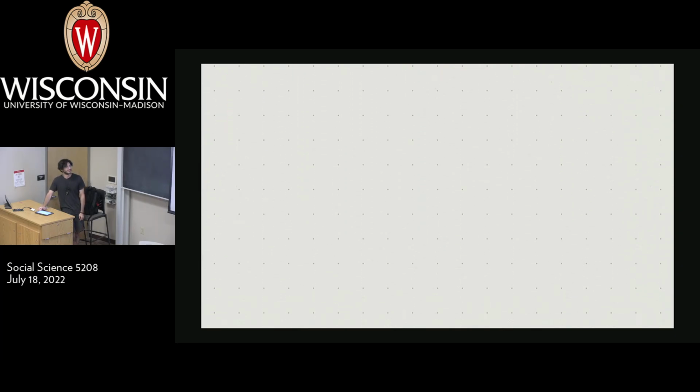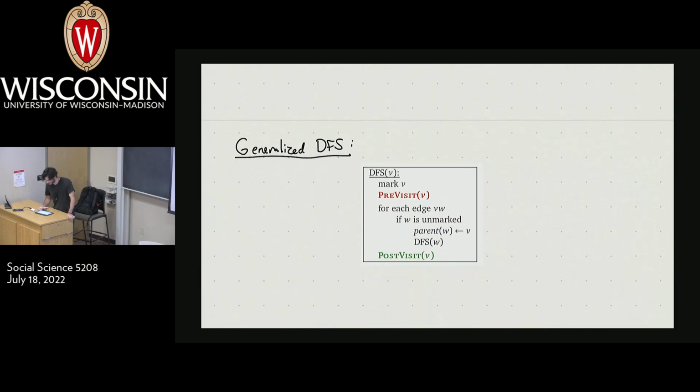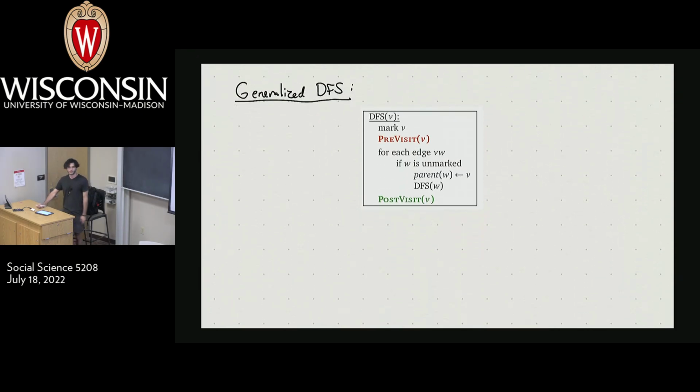Okay, so then we're going to start with some DFS. We talked about DFS and BFS before, but now we're going to look at some generalizations of them. The main difference from normal DFS is this pre-visit of V and post-visit of V. We talked pretty extensively when we were doing tree dynamic programming about wanting post-order or pre-order traversals.